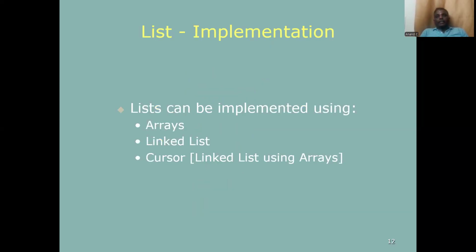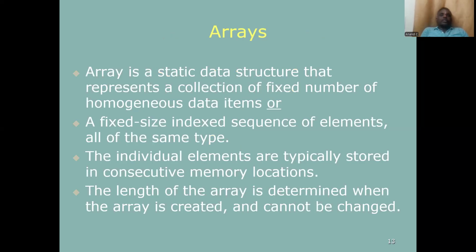Next, how can you implement the list? A list can be implemented using arrays, linked lists, or cursor-based linked lists. A cursor is nothing but a linked list using arrays. First is arrays. An array is a static data structure that represents a collection of a fixed number of homogeneous data items, or a fixed-size indexed sequence of elements all of the same type.